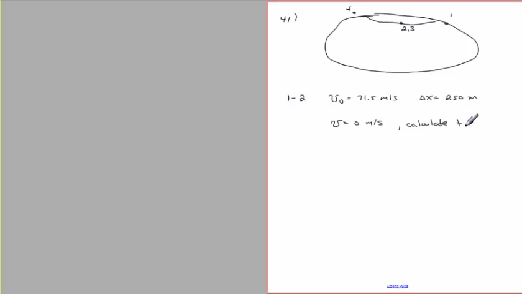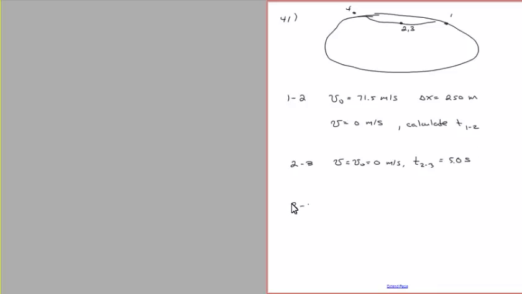We'll call it T1 to 2. Then 2 and 3, it's just V is equal to V0, which is equal to 0 meters per second. And that takes how much time? So T from 2 to 3 is equal to 5 seconds.